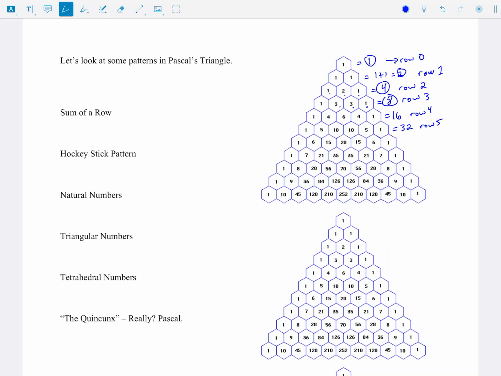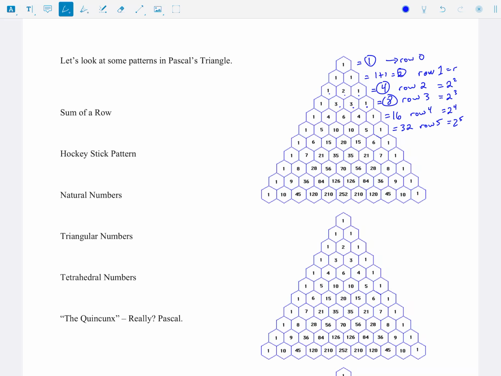Okay, so what is that relationship? Well, I'll stick with the blue. Row 0 had a sum of 1. Could it be 2 to the power of 2 for row 2, and 2 to the power of 3, and 2 to the power of 4, and 2 to the power of 5?